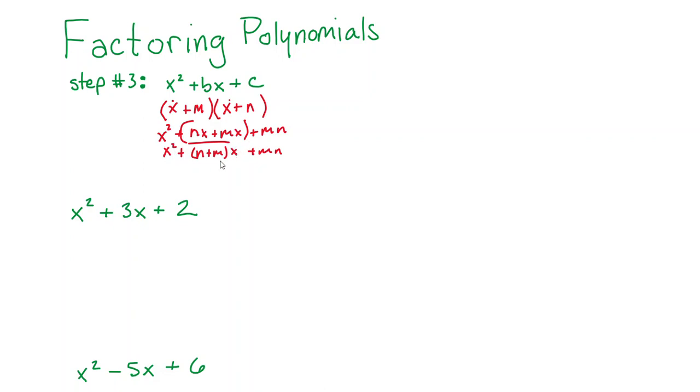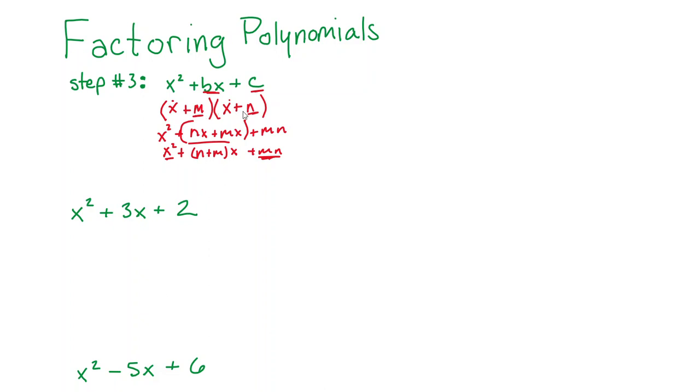I forgot to write the squared sign. Okay, now the idea is that you end up with a trinomial. But where did that trinomial come from? Well, x times x is x squared. That was easy. But the other parts, well, the c part, the number at the end, came from the factors of c, the numbers that go in my binomials, right? x plus something and x plus something else.